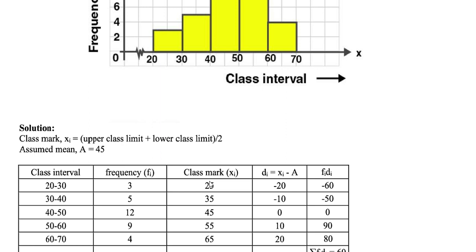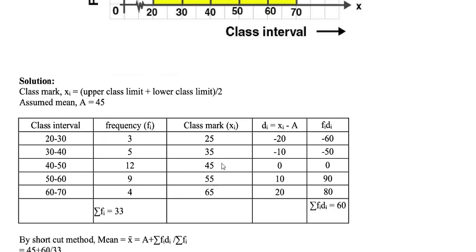The next column is the class mark xi. How to make the class mark? It is the lower class limit plus the upper class limit divided by 2. So 20 plus 30 by 2 comes to 25. Next is di equals xi minus a. You have to take any one as the assumed mean.